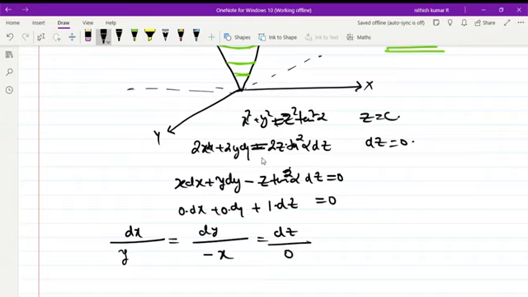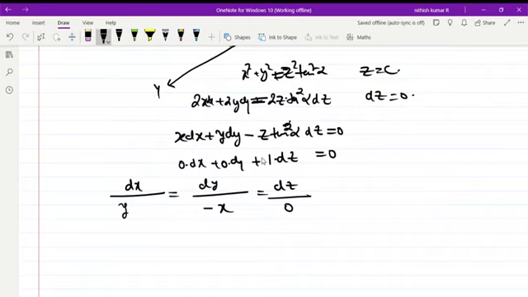Now this is acting as p dash, q dash, r dash, and this is now p q r.